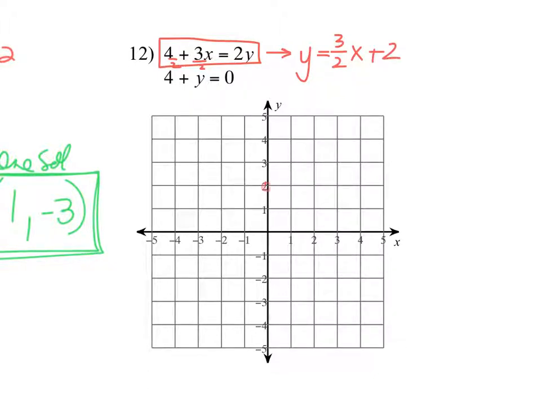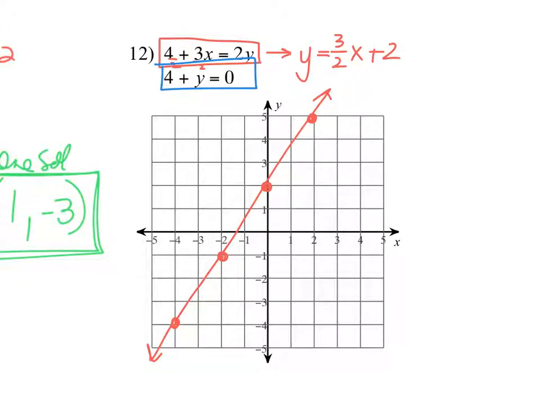So I'm going to start at +2 and then go up 3 and to the right 2, down 3 and to the left 2, and I'm going to continue that pattern as long as I have room on my graph. Connect my line.